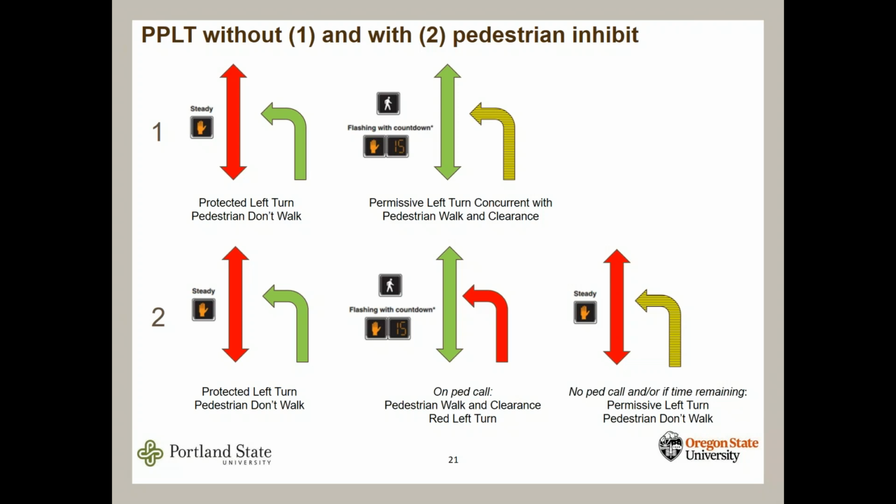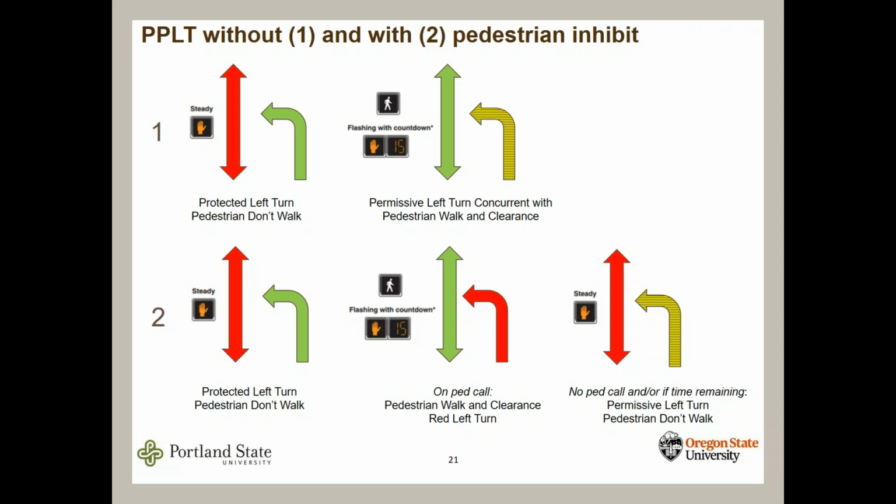And so this is how many intersections in Oregon are now operating with this protective permissive operation, where it runs the protected for the left turn first. But if there's a pedestrian who has pushed the button for service, the motor vehicles don't get their permissive interval. So the pedestrians get the walk and the flash don't walk. And if there's any time remaining in the cycle, then the flashing yellow arrow comes up.